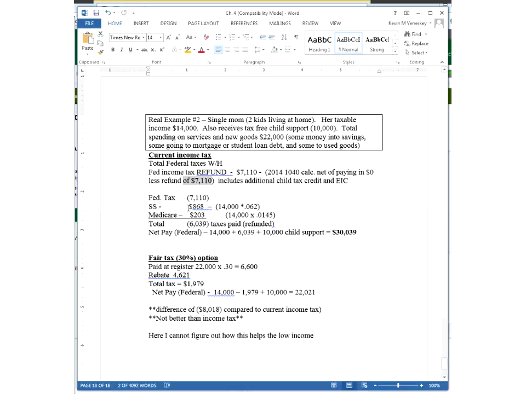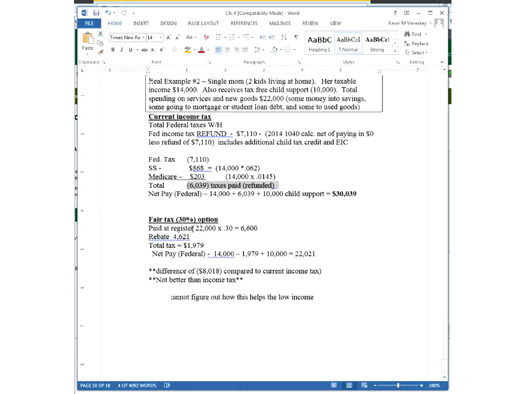Again, I did this in a tax program. Then reduce that by the amount of Social Security and Medicare she had to pay in. She's really getting paid just over $6,000, which bumps her $24,000 up to $30,000 in a year's net pay.